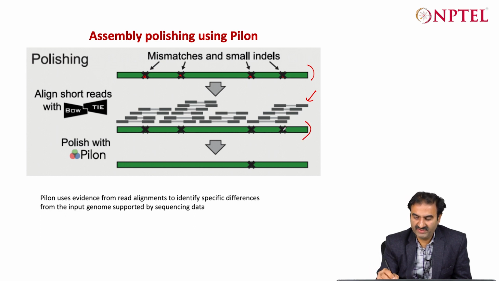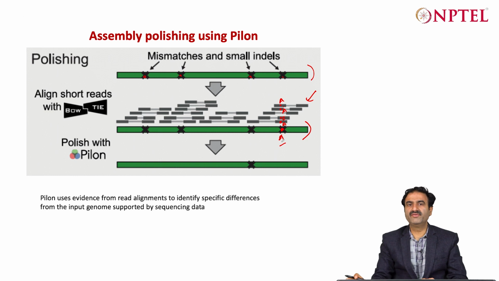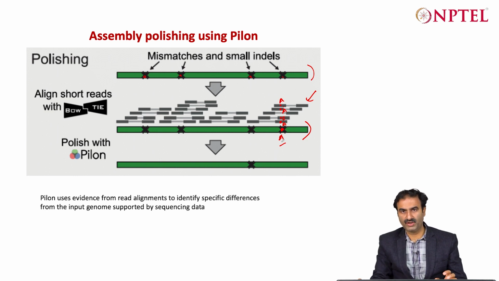Now for this particular position, you can see what base is present in the short reads. There could be A in your read, and it could be A or C and A. You can see that most of the short reads are making a call of A, so you can fix the call as A. This way you can correct most of the errors in your long reads, or your final assembly.